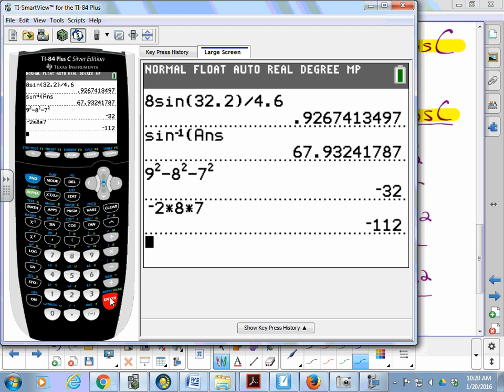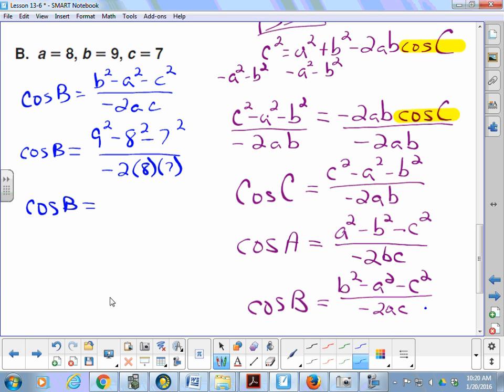Positive. So to find angle B then, I'm just going to do the inverse cosine of that fraction. I'm just going to do 32 over 112 because they're both negative.